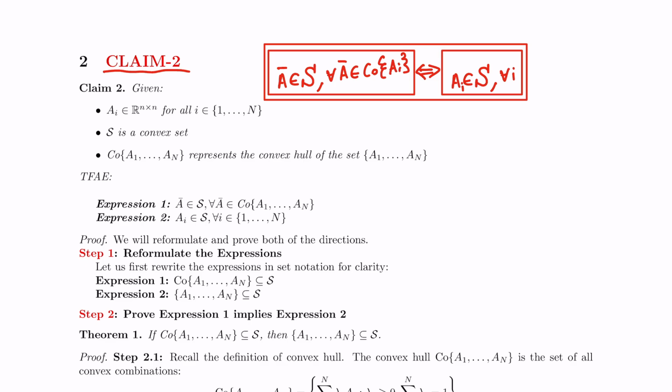And then if you have that expression, this is identical to this expression. So first of all, from here to here, it makes sense. We have a bunch of points here.